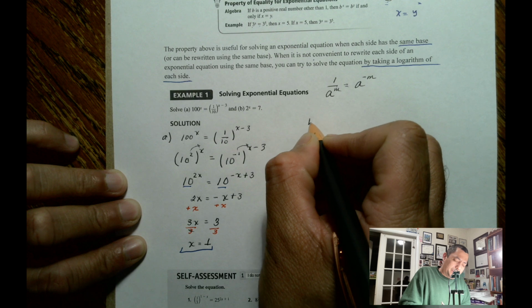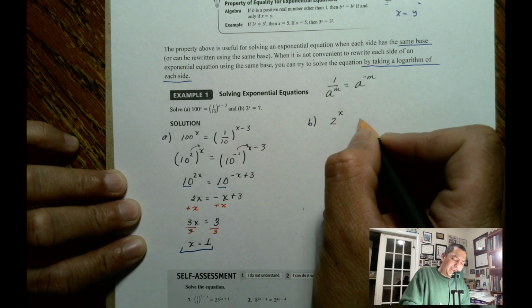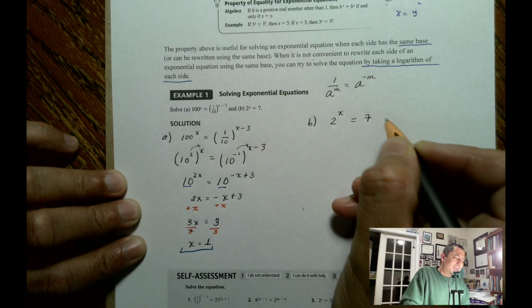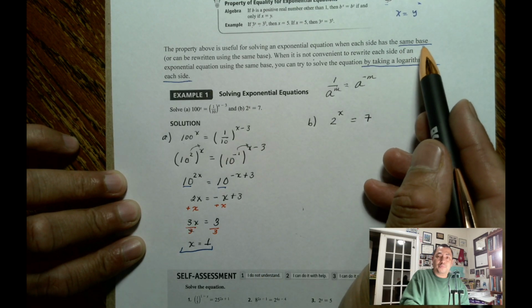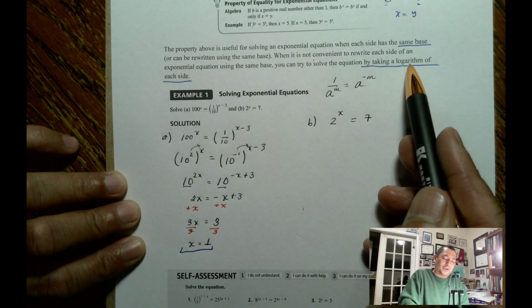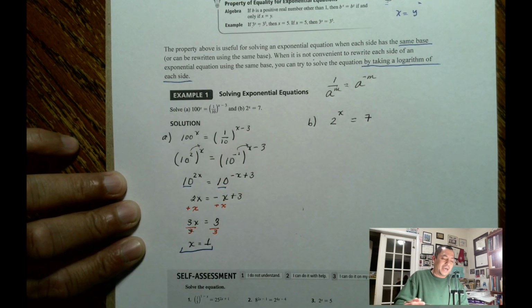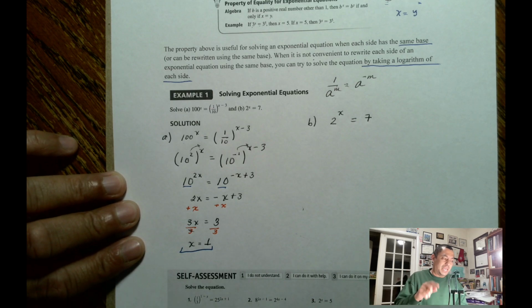Now let's do B. In this case, I have 2 to the x equals 7. This one is a little bit different because we don't have the same base. So what we're going to do is take logs of each side, and I'm going to make sure that the logs have the same base.